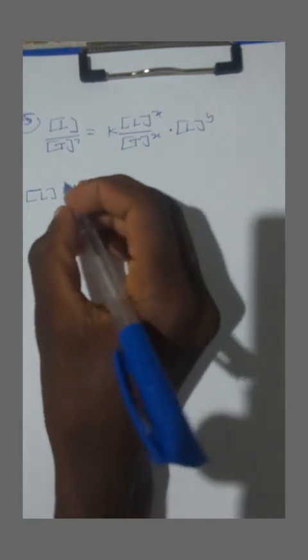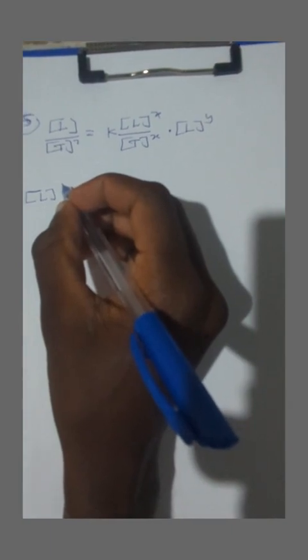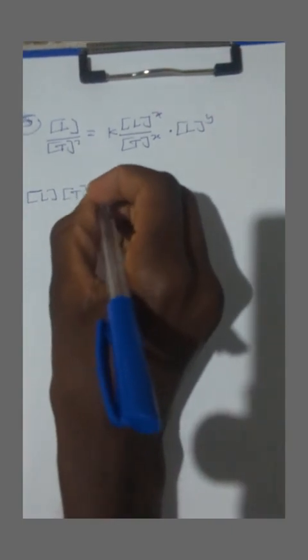That is why I said you need to take care of the change of sign. So T to the power -2 equals constant k, then L to the power x, then T to the power -x, the sign has changed, take note. Then we have L to the power y at the end.